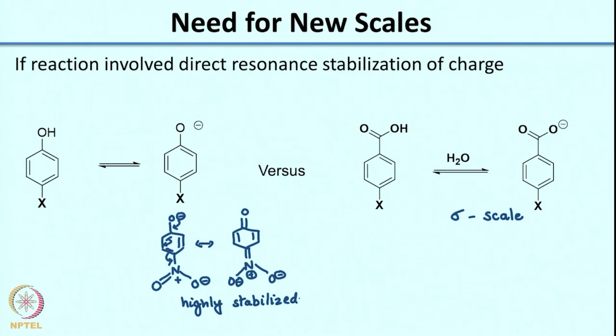Similarly, if I have an electron releasing group, it will make it highly destabilized.